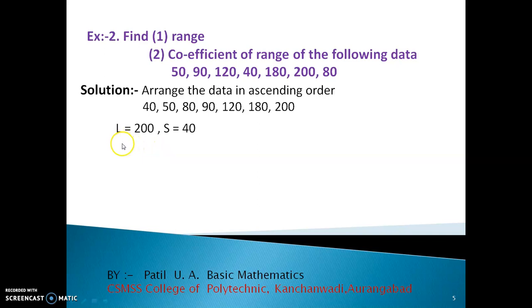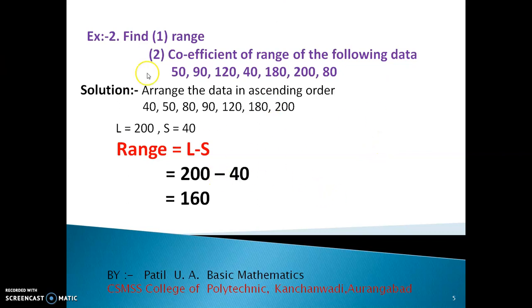Use the formula of range. L means 200, the largest value, S means 40, the smallest value. Range equals L minus S, 200 minus 40 equals 160. This is the range. Now next, number 2, find the coefficient of range.